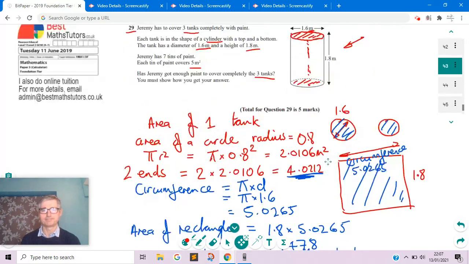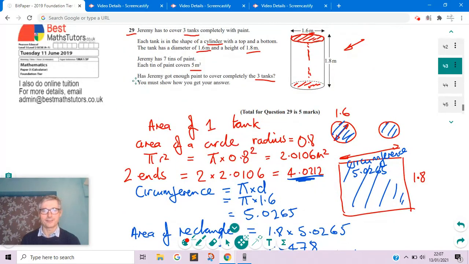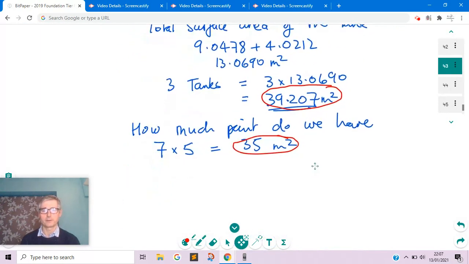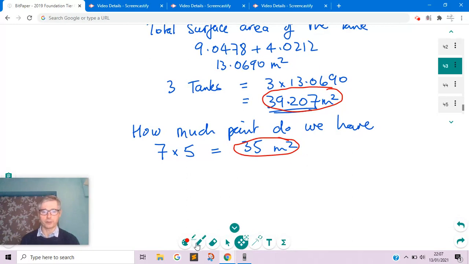So we've got to answer this quite clearly as well. Has Jeremy got enough paint to cover completely the 3 tanks? And the answer is no, he doesn't have. And we have to say this as well, because on the marking scheme, you get something called a communication mark. So it's not enough just to do the calculation and leave it at that. We actually do have to say, no, he doesn't have enough paint.